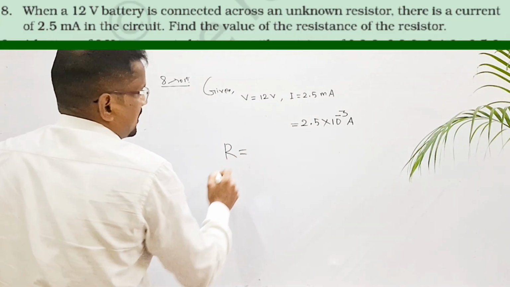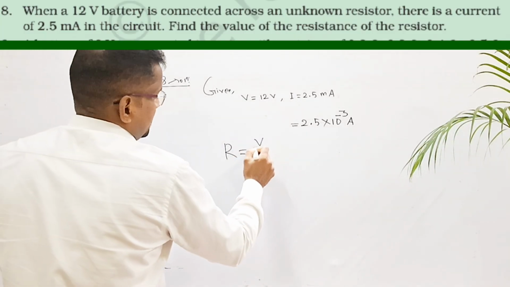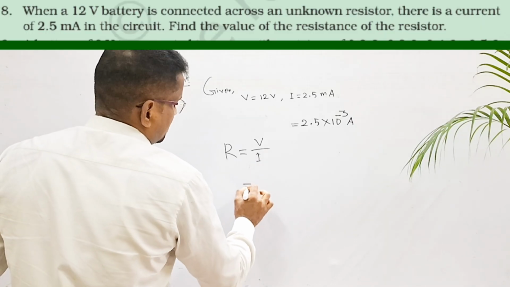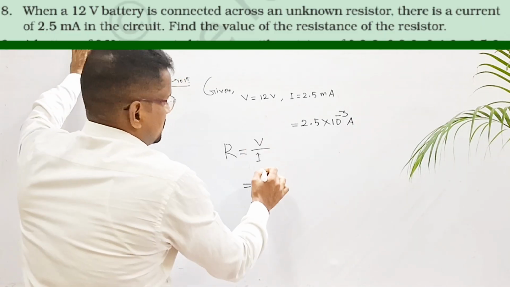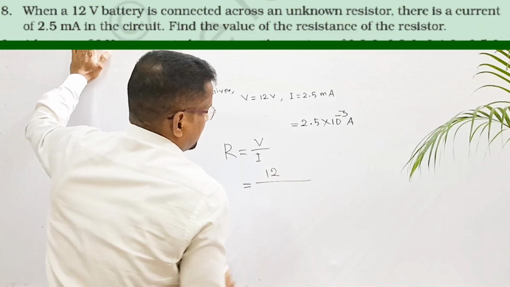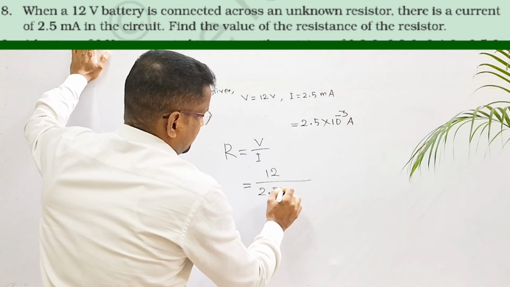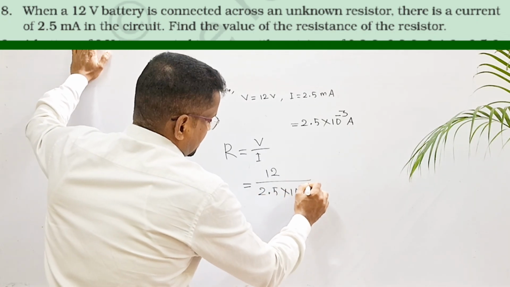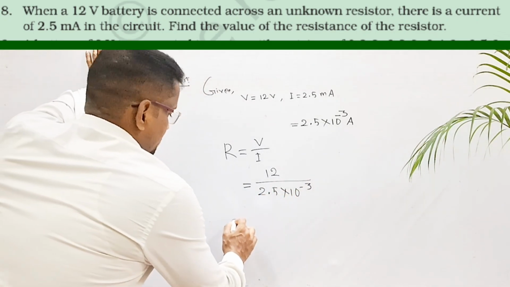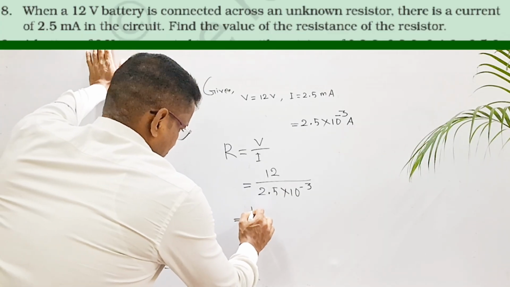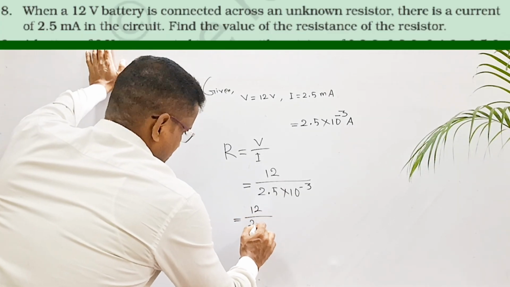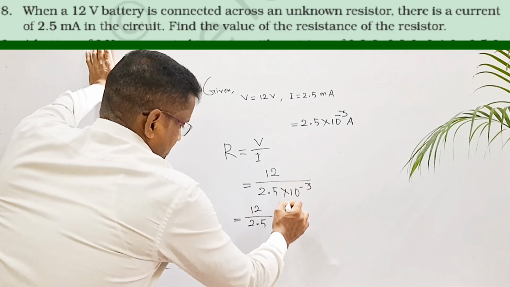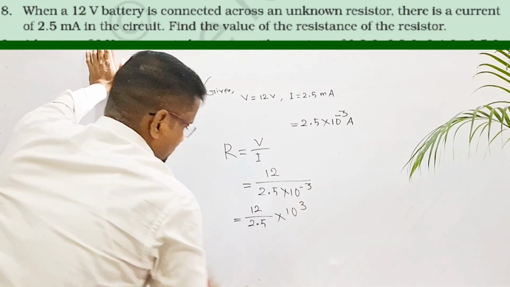Now by Ohm's law, you have to find out the resistance. So directly you write R is equal to V by I, which is 12 divided by 2.5 into 10 to the power minus 3. Now how to calculate? 12 by 2.5 into, take it in the numerator, 10 to the power 3.